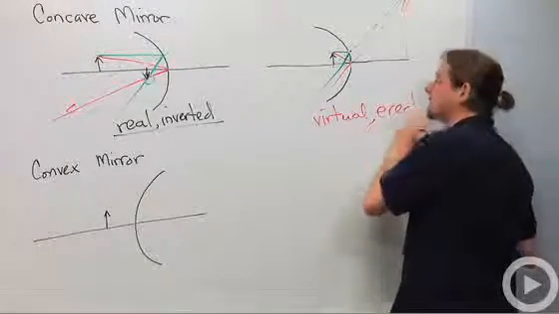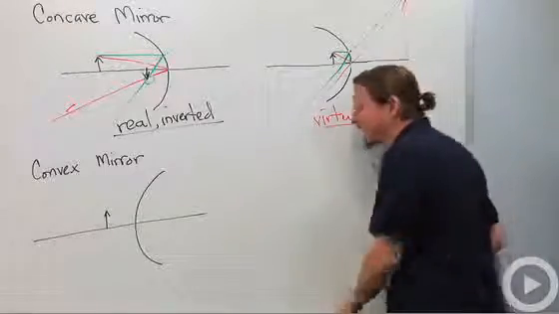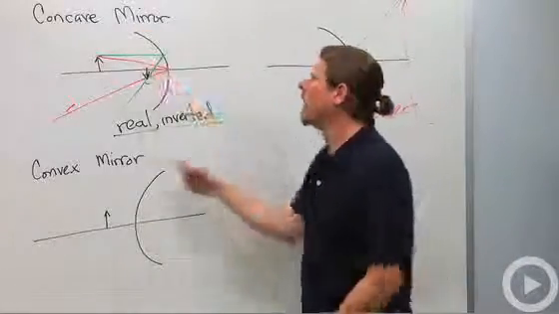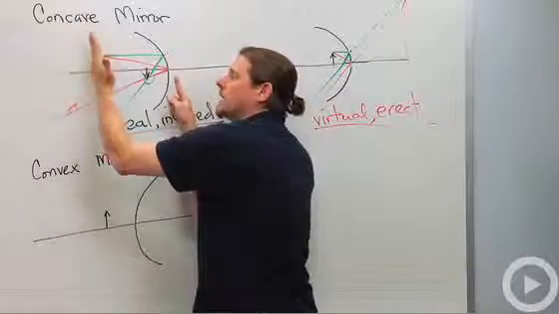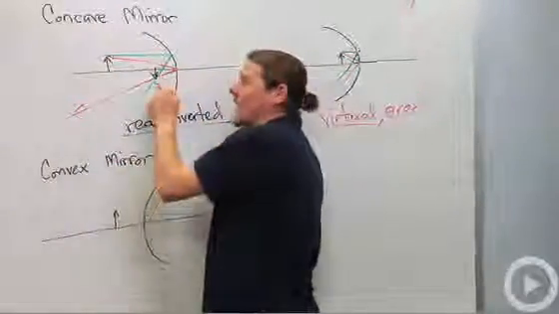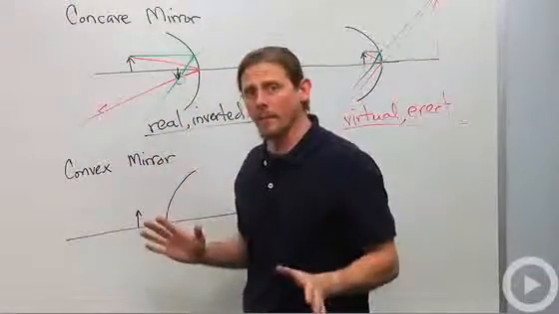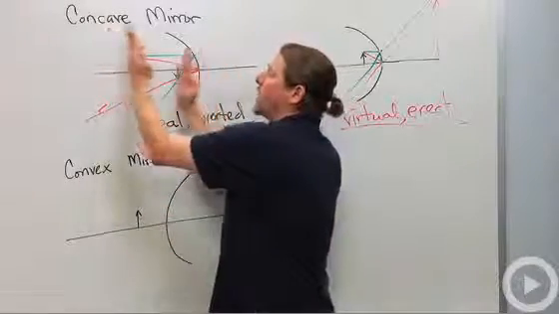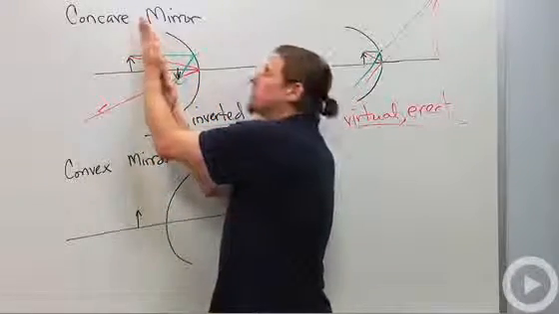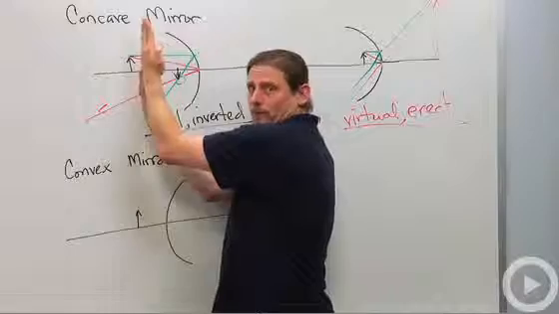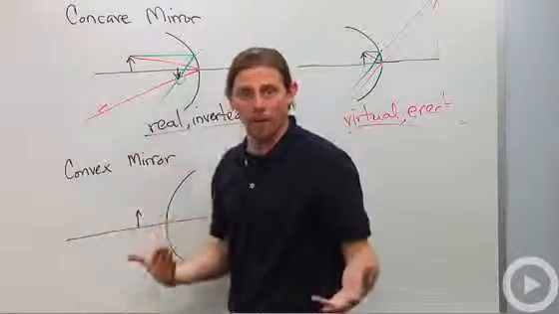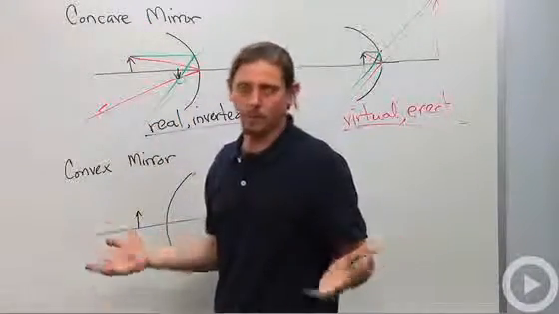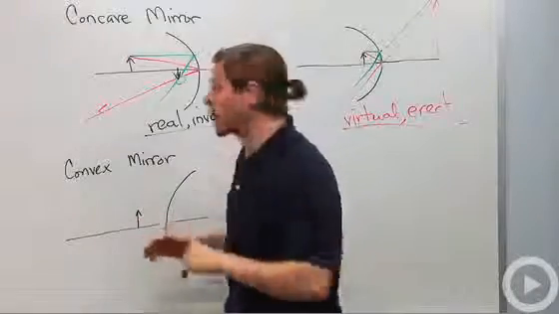So basically the idea is with a concave mirror, the object moves in closer to the mirror. I have a real inverted image that moves out away from the mirror. The two things coincide briefly and are the same size, but one of them's real. Well, the object is obviously real. The image will be real and inverted.